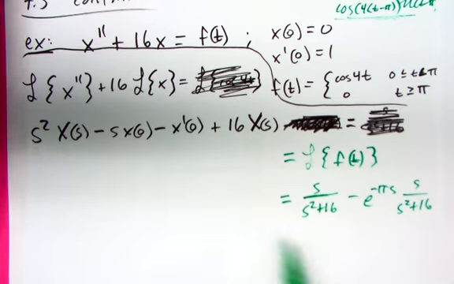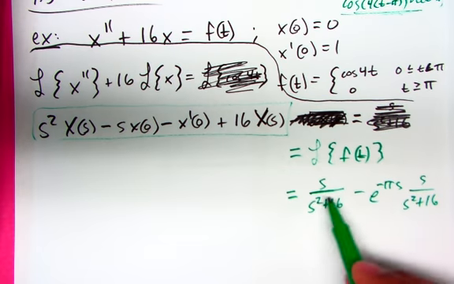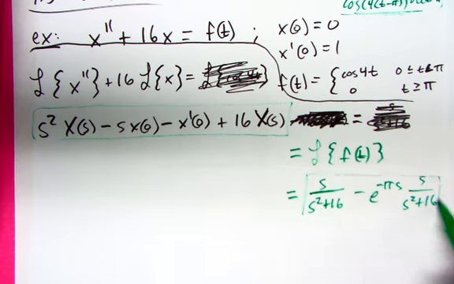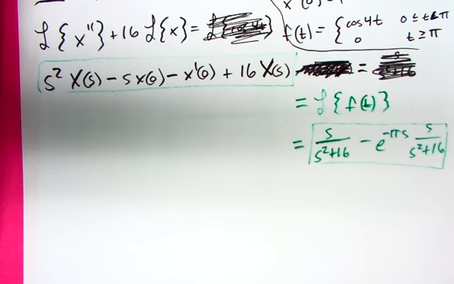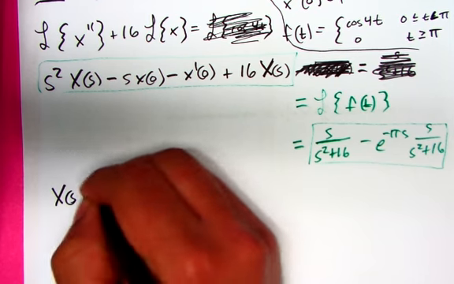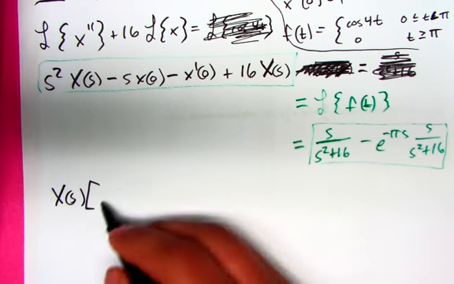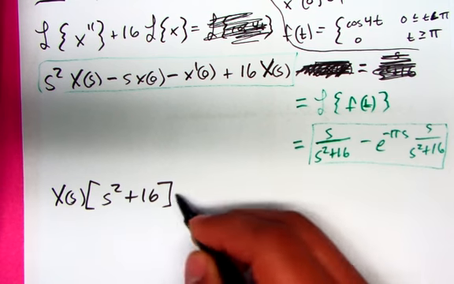Okay, so sorry about that. We have the left-hand side right here, and then the right-hand side here. So that's where we're currently at. Now we proceed as usual. Factor out capital X. And what's left? S squared plus 16.